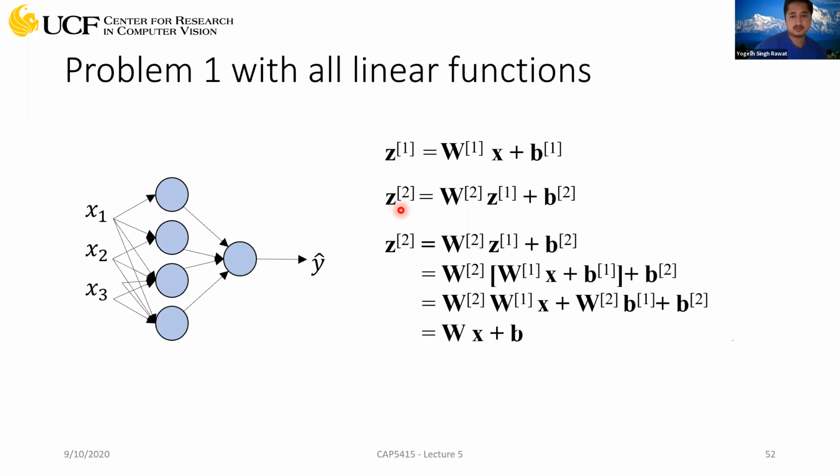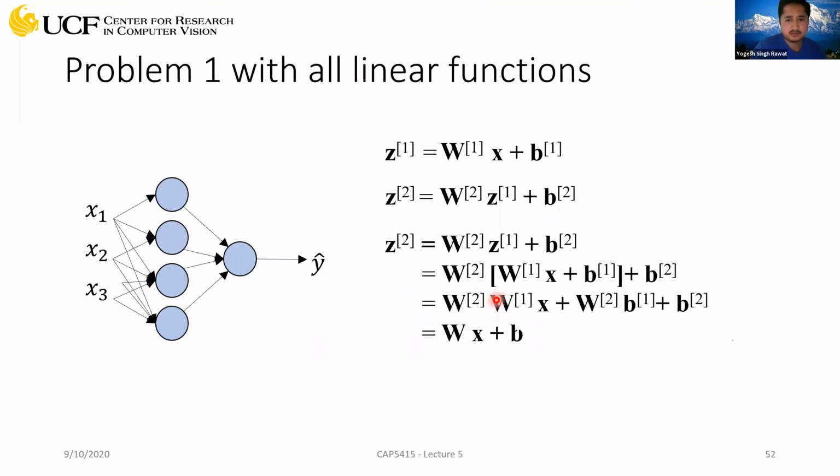Now if you try to simplify this, that's your Z2. Then if you replace the actual value of Z1, which is W1 times X plus B over here, and expand this, this is essentially multiplying two weight matrices, and this is W2 times B1 and B2. All right, so that's a simple calculation.